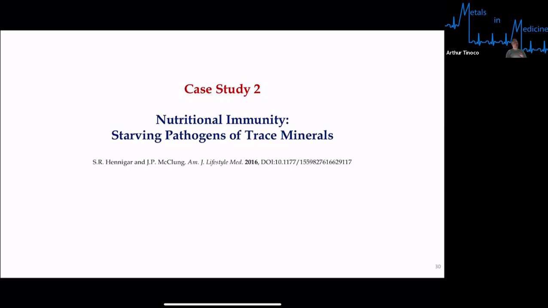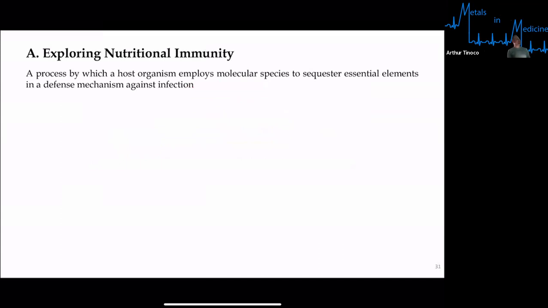And so the idea is that you basically want to either starve pathogens, or, so I probably should retitle this terminology, or basically flood them with something that would be toxic to them. All right, so nutritional immunity is a process by which a host organism employs molecular species to sequester essential elements in a defense mechanism against infection, but also can do the opposite and release essential metals.